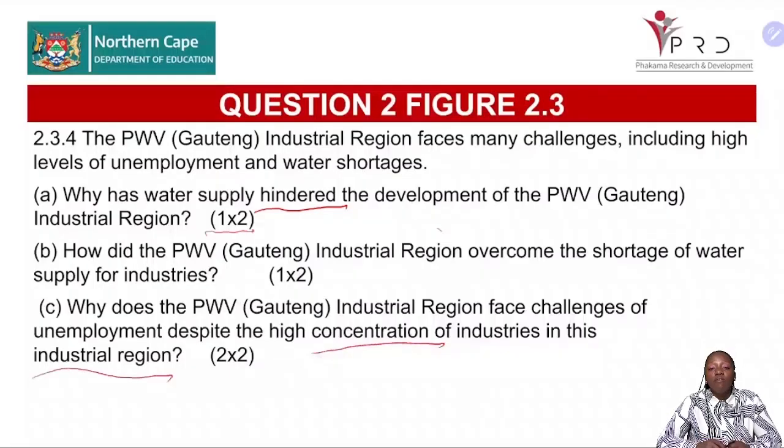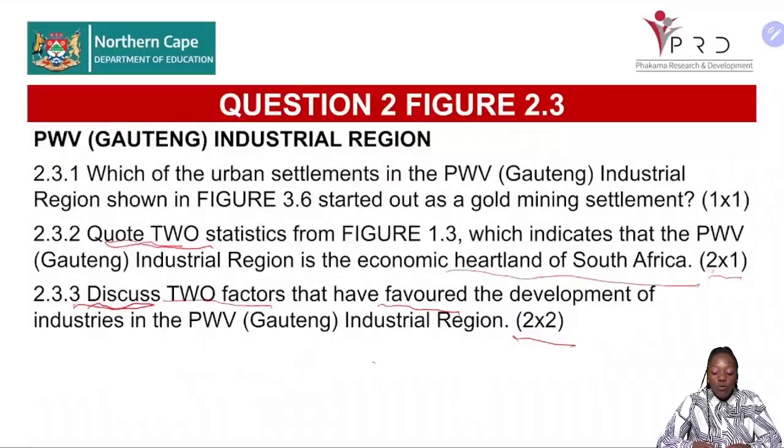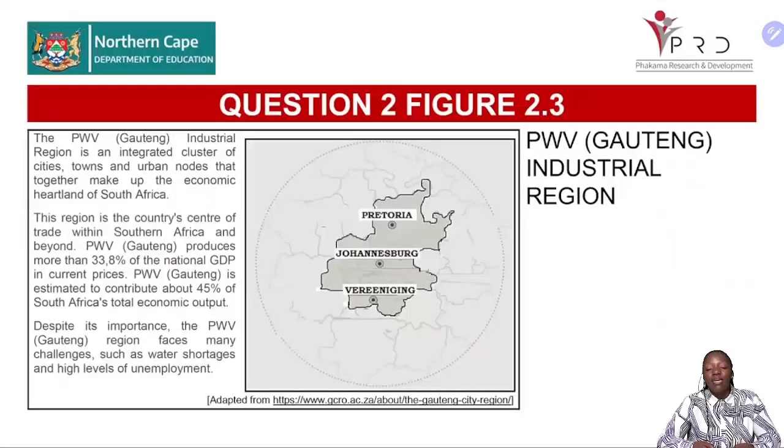So now that we have seen all the questions, remember I said you need to go back to the extract again. As you are now reading the extract, you are reading to point out the answers that you are supposed to take from the infographic. So I'm going to give you just 2 minutes to go through the infographic, and after 2 minutes we can start with the answers.